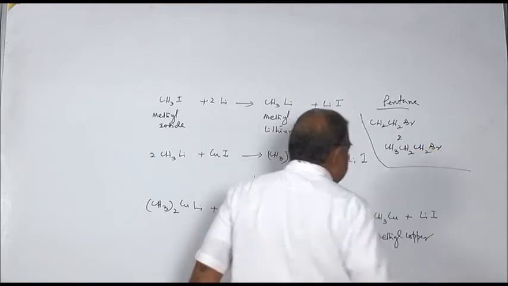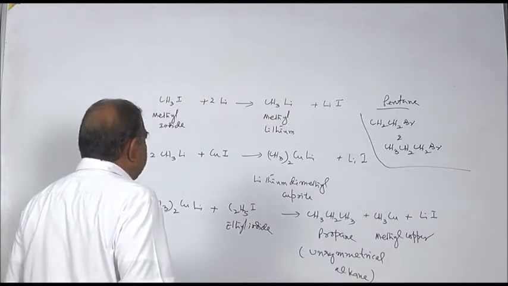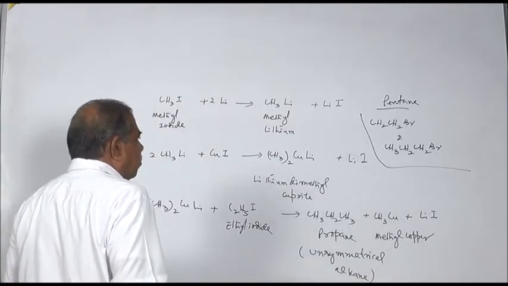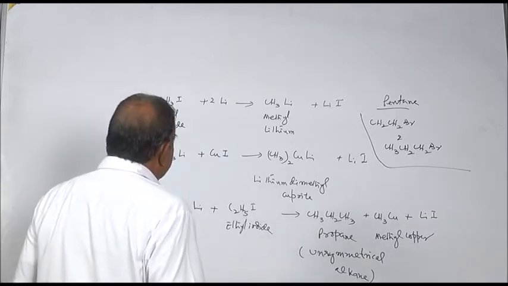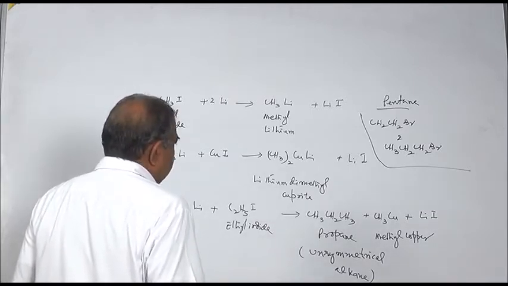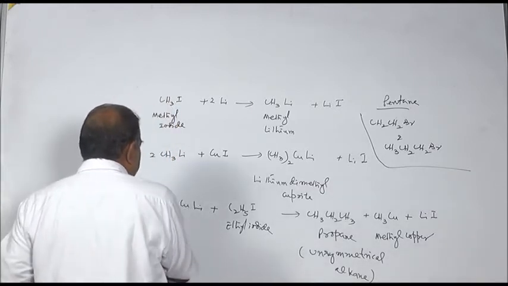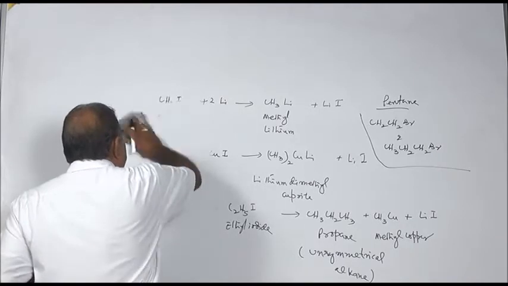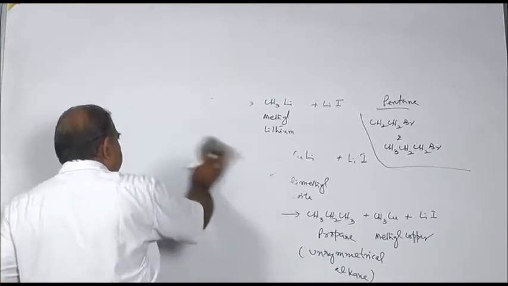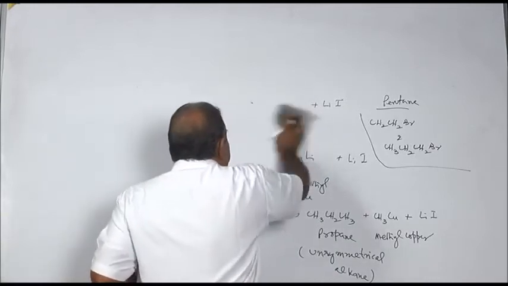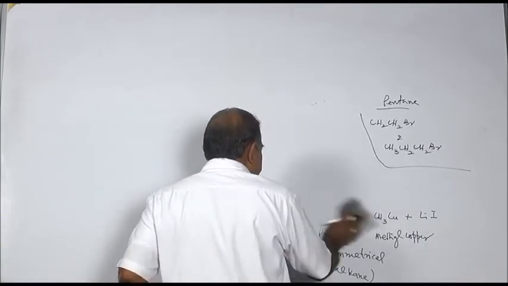So remember, during Wurtz reaction two alkyl halides also mix, but there the alkyl halides are the same, whereas here the alkyl halides are different. So in this method you can get propane, pentane, heptane, etc. So this is all about the different methods of preparation.